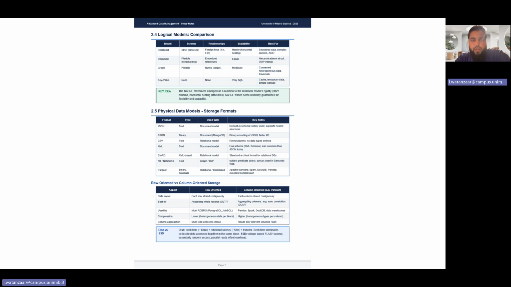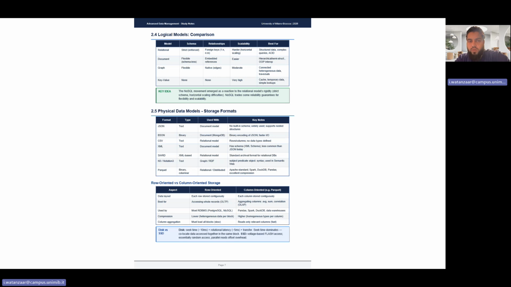Okay, now we are at the last model, which is the lowest level of abstraction. It is almost entirely computer-based: how the data is represented and stored in the computer. Before starting the physical data models, we discuss storage formats.